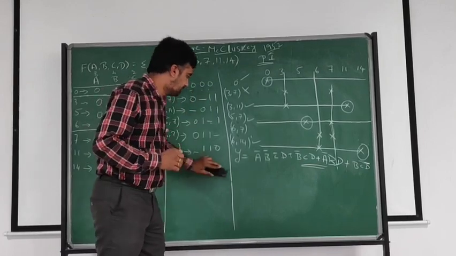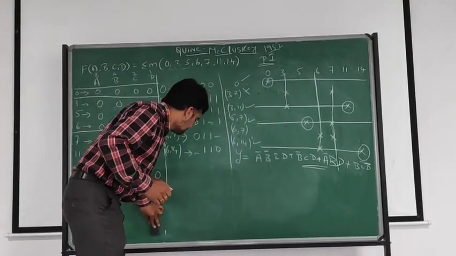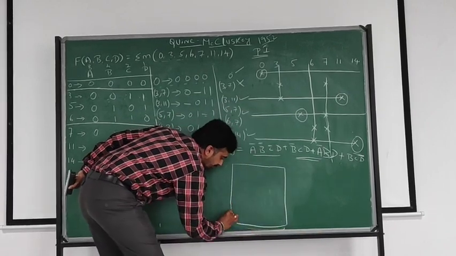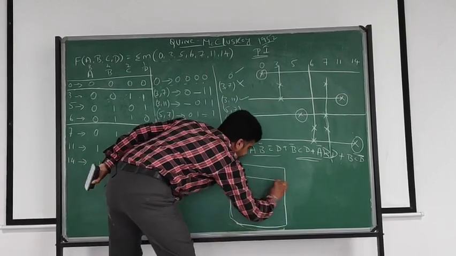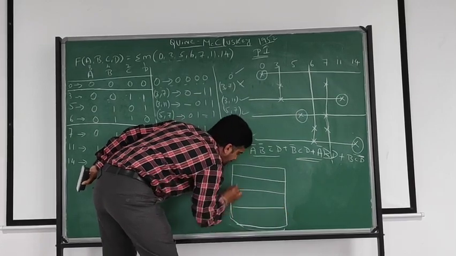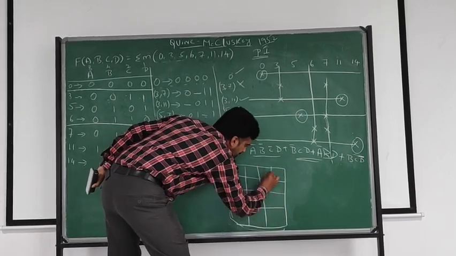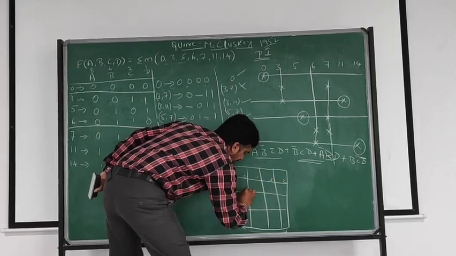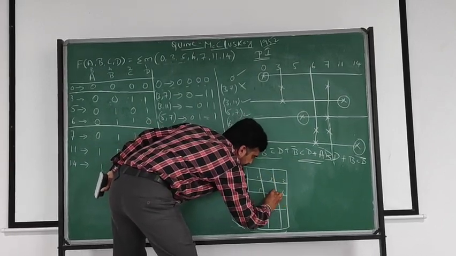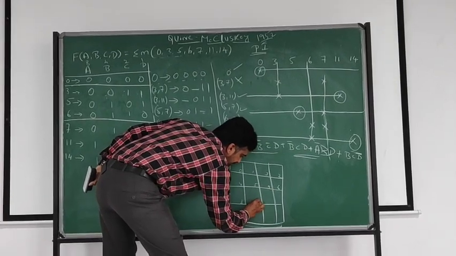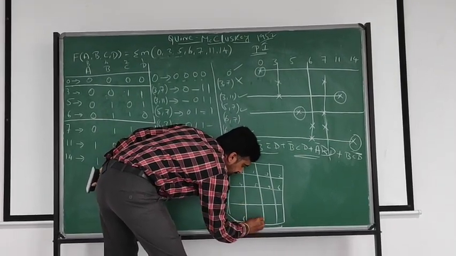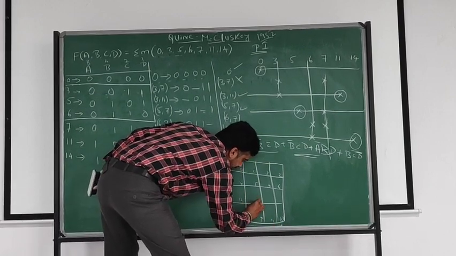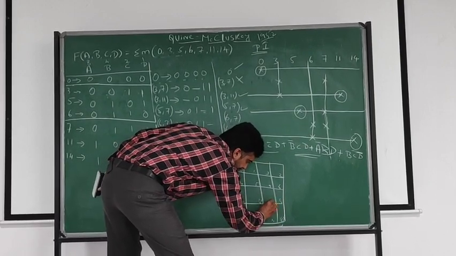How will you verify? See here. This is the K-map. Here 0, 1, 2, 3, 4, 5, 6, 7, 8, 9, 10, 11, 12, 13, 14, 15.